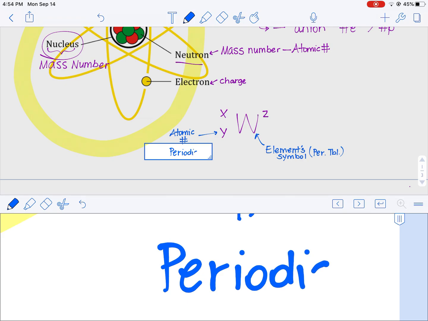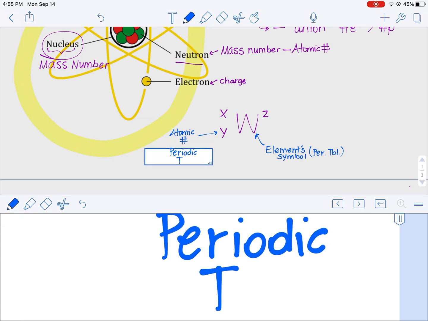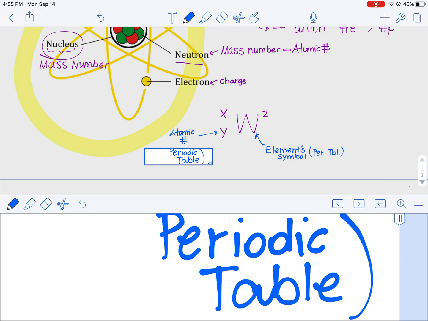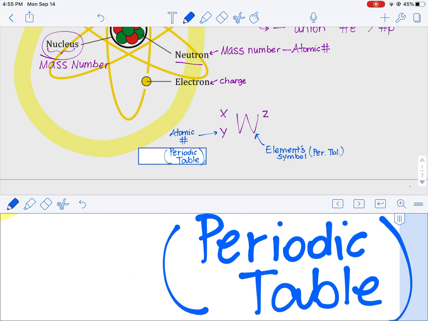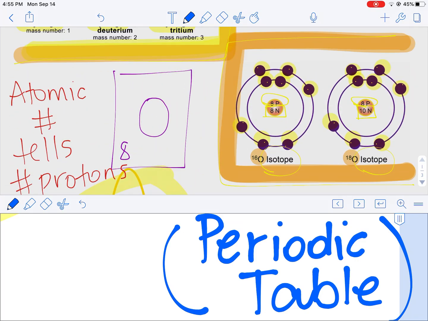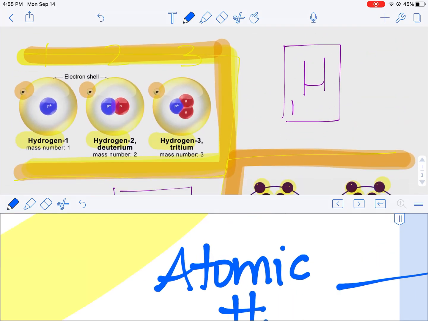If it is, we have the favorite tool of chemists, the periodic table, and that will always tell me what the atomic number is, especially when I know the element symbol. So the atomic number and the element symbol will always go hand in hand, just like I drew for you here in our notes earlier, the examples of oxygen and hydrogen.